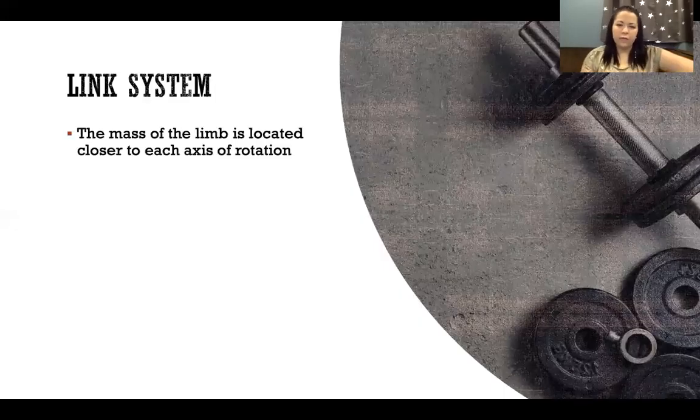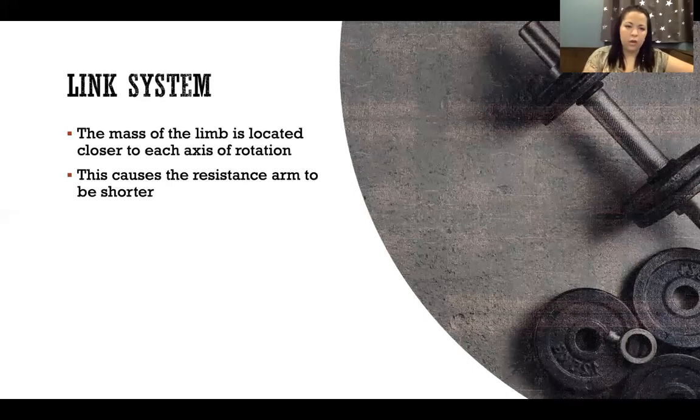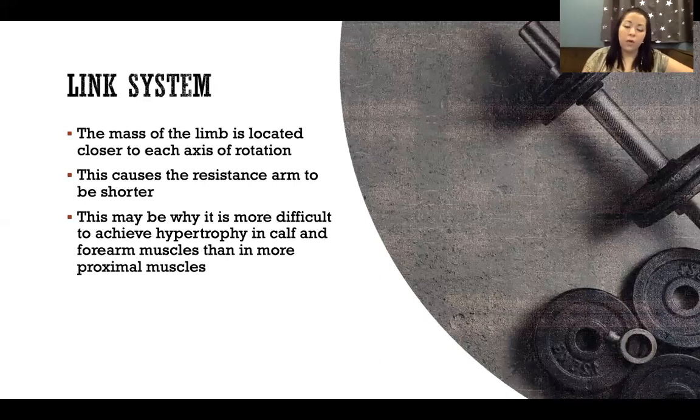The mass of the limb is located closer to each axis of rotation. So the closer the resistance is to the axis of rotation, the shorter is the resistance arm. So it's possible that that's why it's harder to build more muscle mass in our distal segments of our limbs.